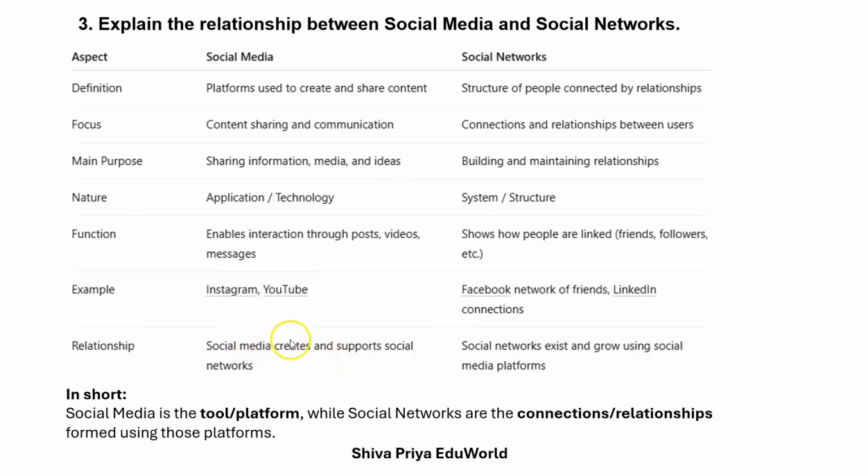But social media is created first, and after that supports the social network. Clear? This is the relationship between social media and social network. Whatever you understood, you can write it in your own words in theory based on the given marks only, always. In short, social media is the tool or platform, while social networks are the connections or relationships formed using those platforms. This is the main relationship between social media and social networks.